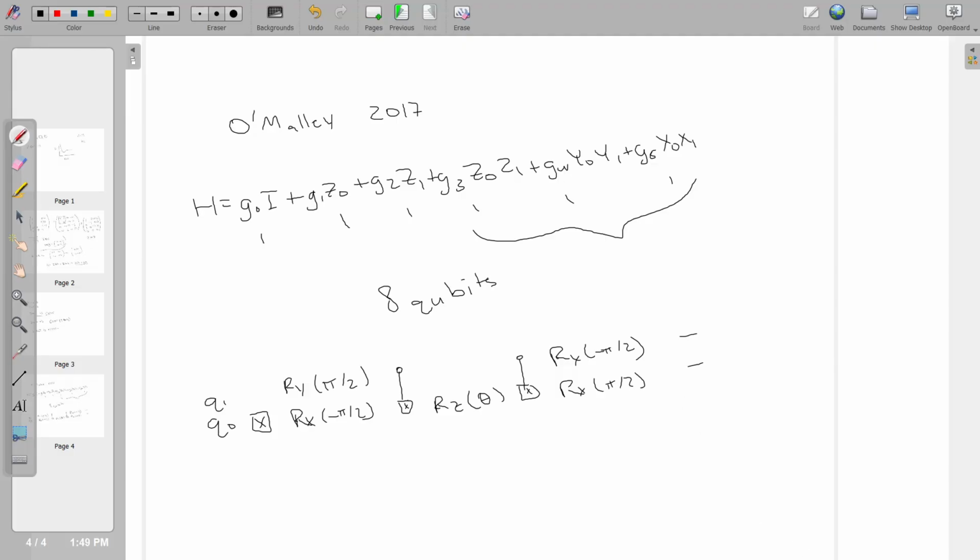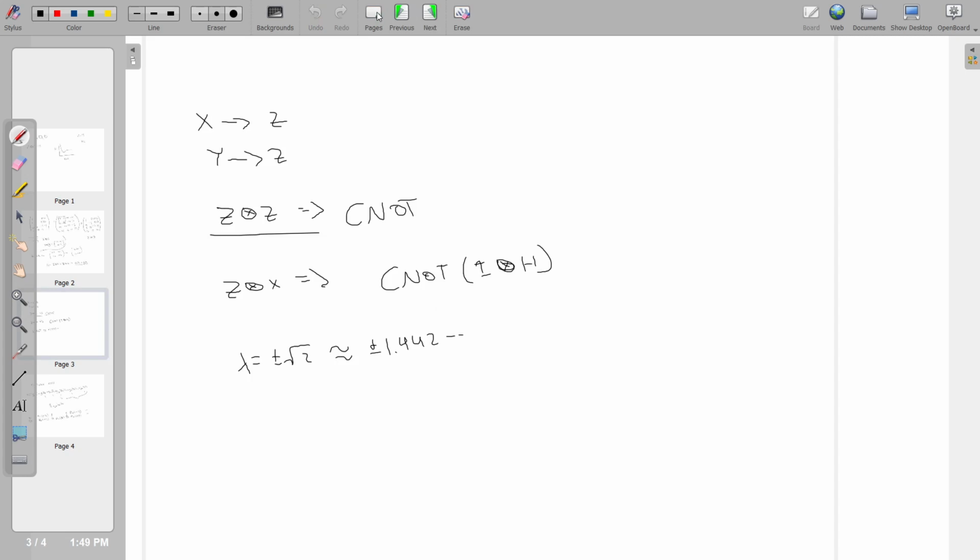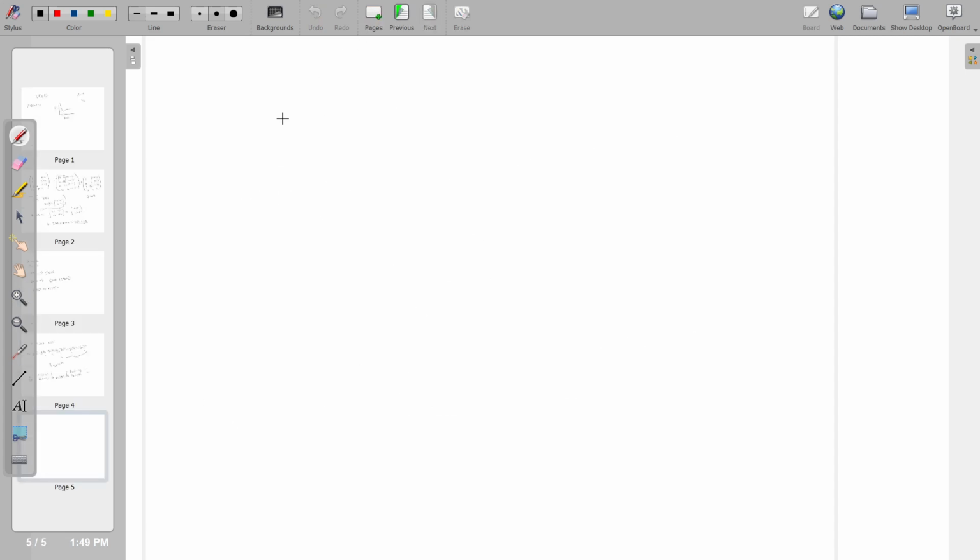So if we have the term ZI, that's just nothing. We can just measure that. We have I, Z, we do swap. If we have the next one, ZZ, then we can do C0.